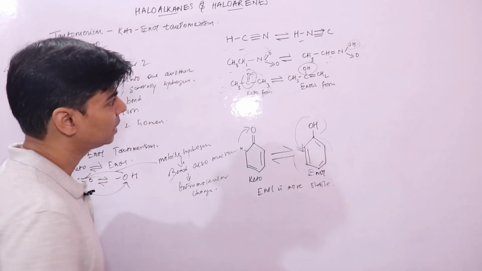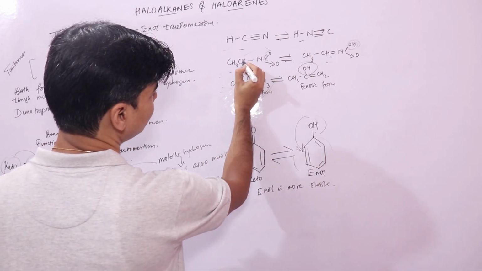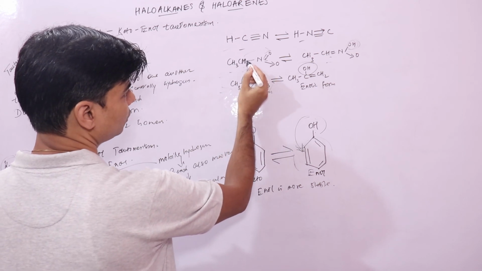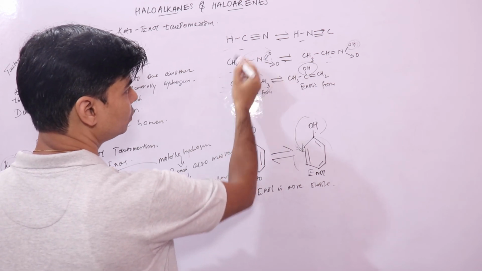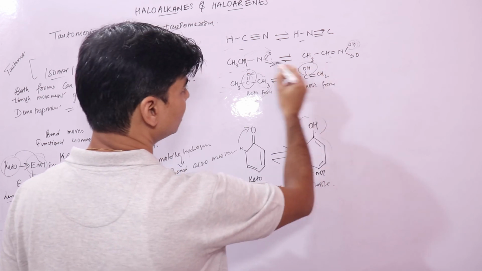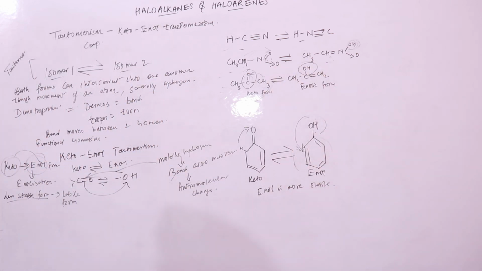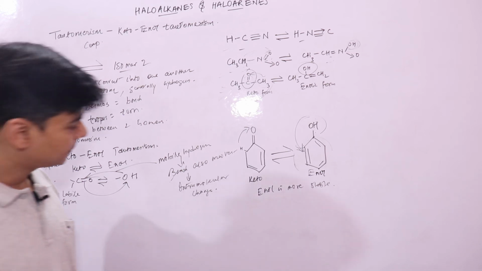In these cases also, it is the alpha hydrogens that are moving, and due to this movement you have two forms, as in nitromethane, nitroethane and isonitroethane.